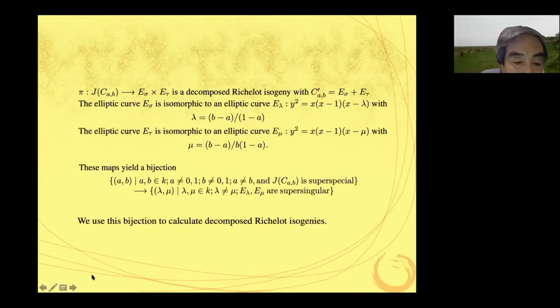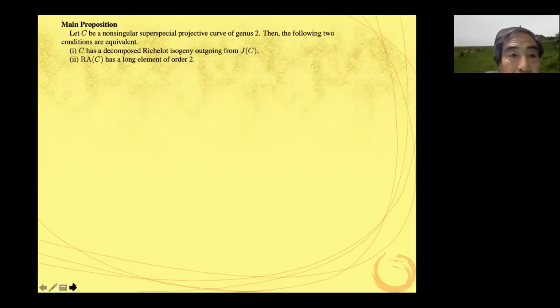And the problem is when the Richelieu isogeny becomes a decomposed one. Our key proposition is like this. If C is a non-singular superspecial curve of genus 2, then the following two conditions are equivalent.